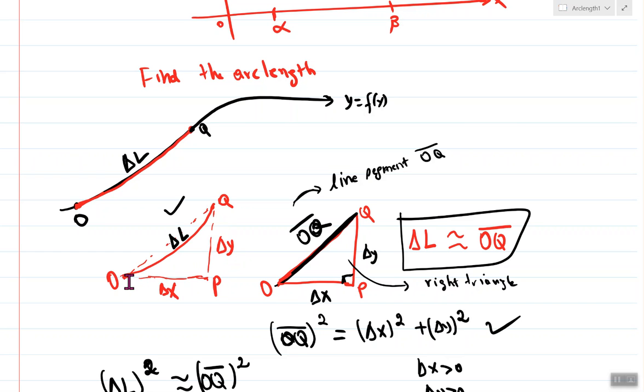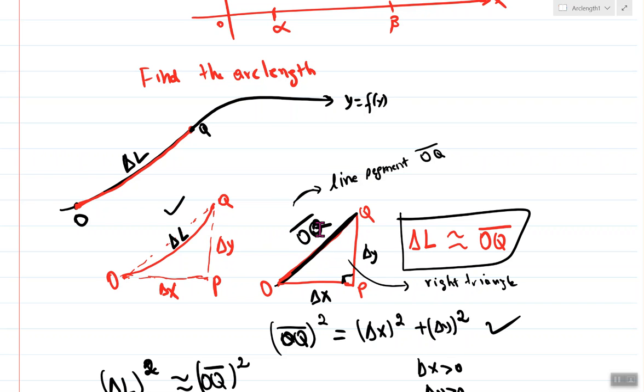Next, we're going to draw a line that connects point O to point Q, such that it gives us this right triangle, because this is a right angle. When you connect point O to point Q with a straight line, you get a right triangle where the sides are delta X, delta Y, and the side OQ bar.